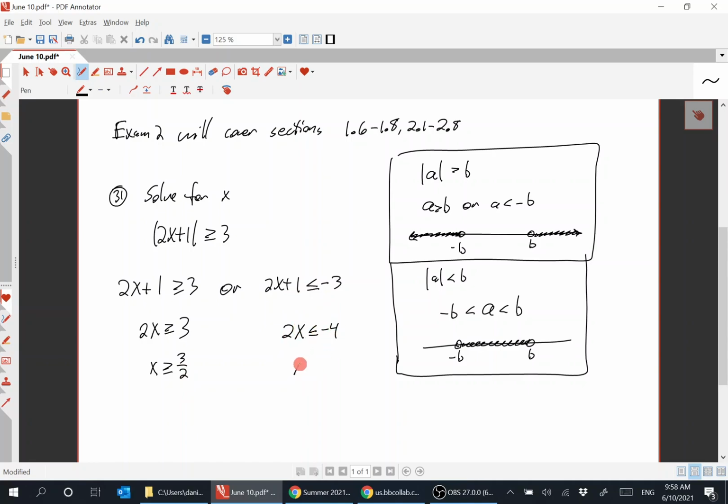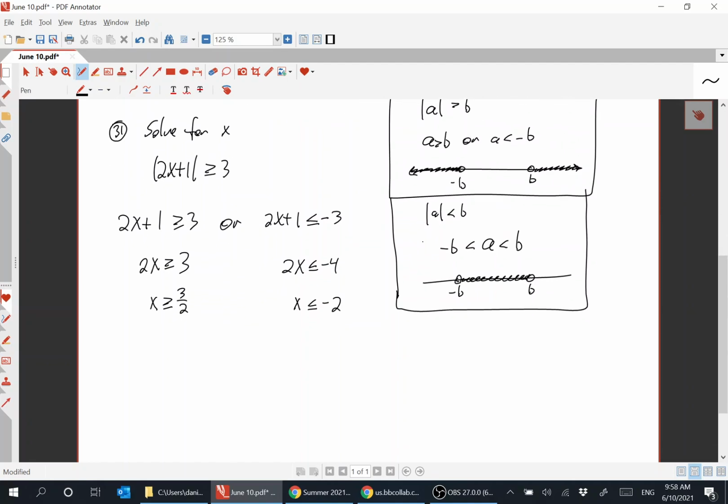Divide by 2. And since we're dividing by 2 and 2 is positive, we don't flip the inequality, right? If we were dividing by a negative value in solving this linear inequality, then we'd have to flip the inequality sign around. So we get this, right? So x is bigger than or equal to 3/2.